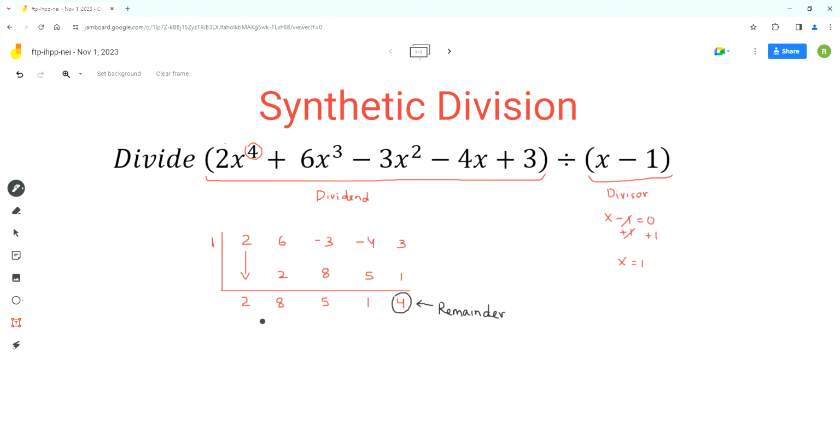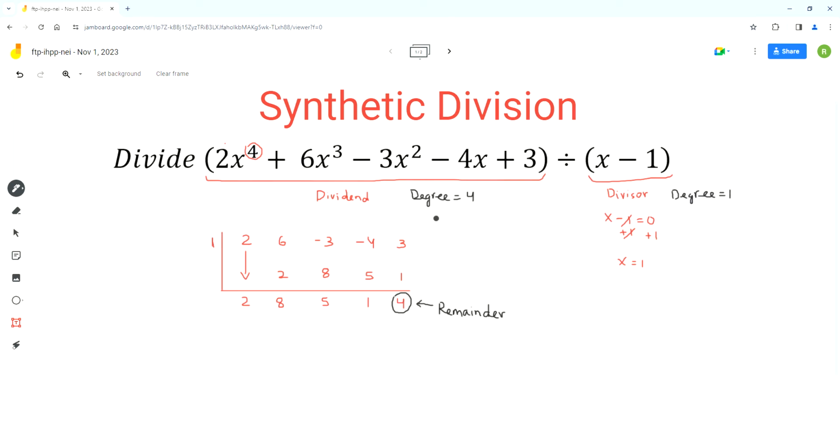So how do we assign the variables to these numbers? For that we have to analyze the degree of the dividend and the divisor. The degree of the dividend is 4. And the degree of the divisor is 1 because that's the highest power on the variable.